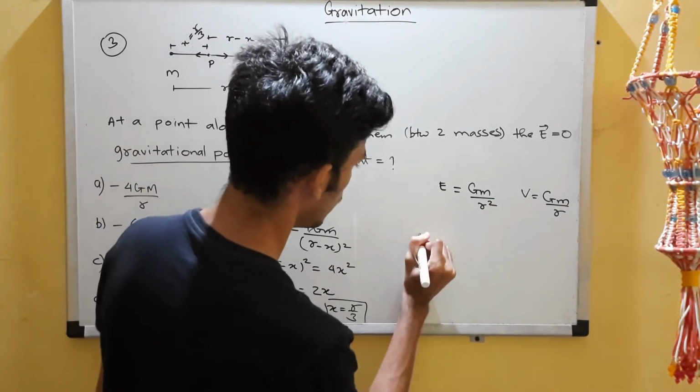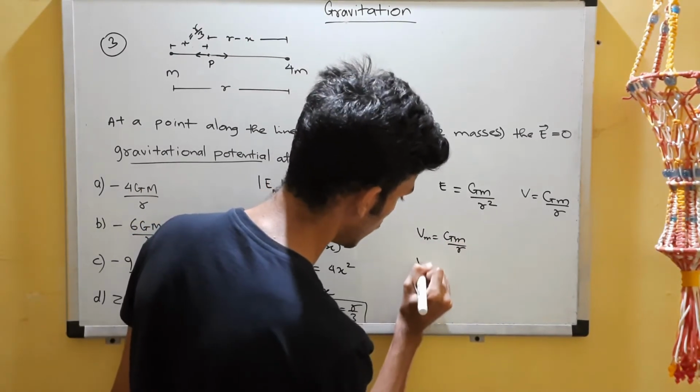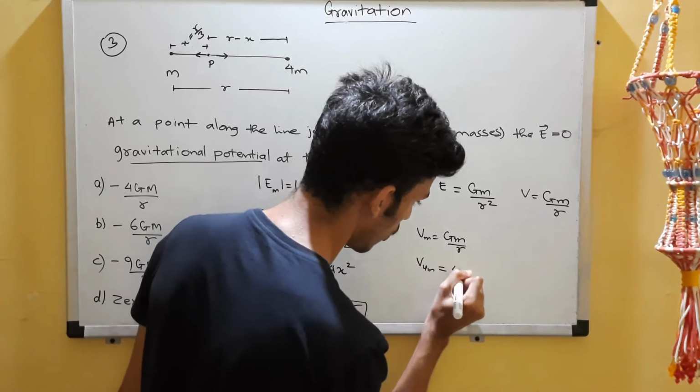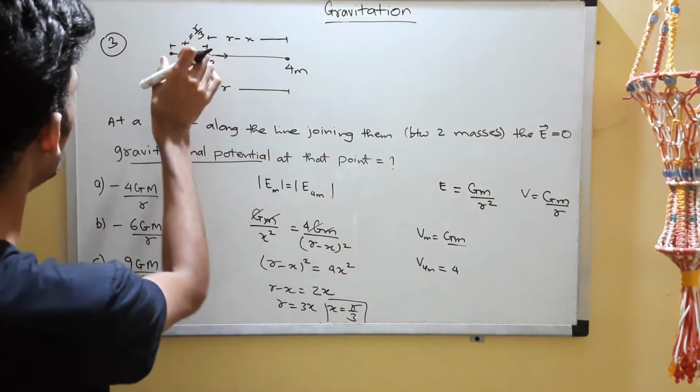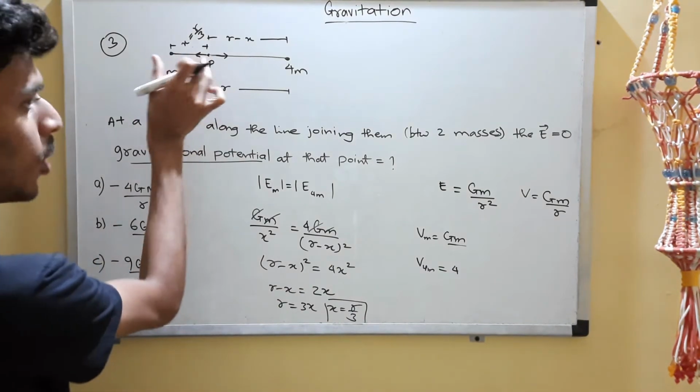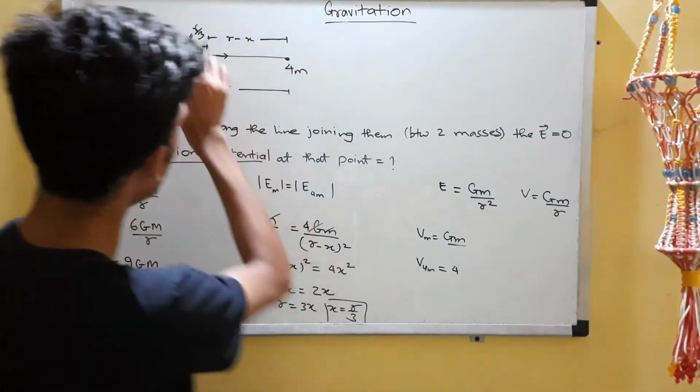Now let's do it. Due to the smaller mass, we have GM by the distance, which at point P is r by 3. Okay, x is r by 3.